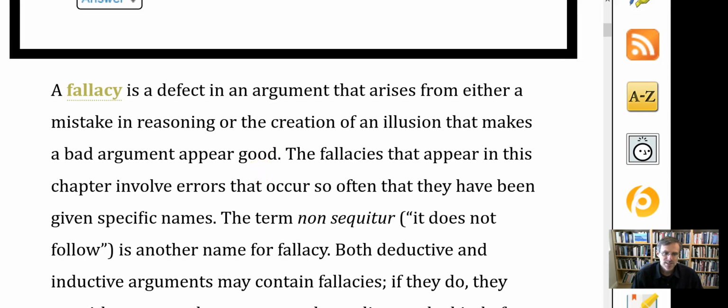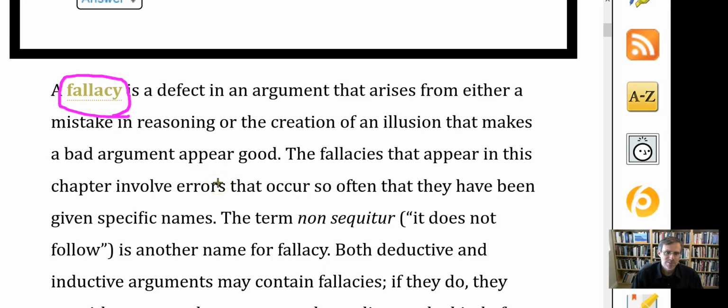So Hurley starts by defining what a fallacy is, and says that a fallacy is just a defect in an argument that arises from a mistake in reasoning or the creation of an illusion that makes a bad argument appear good. So fallacies are just mistakes in reasoning.